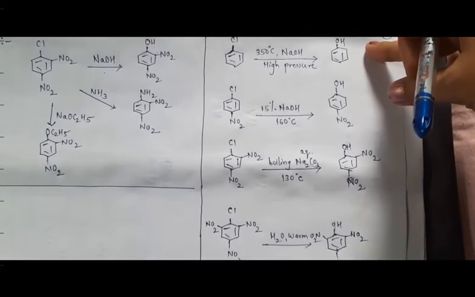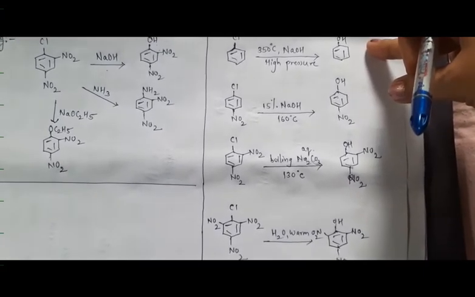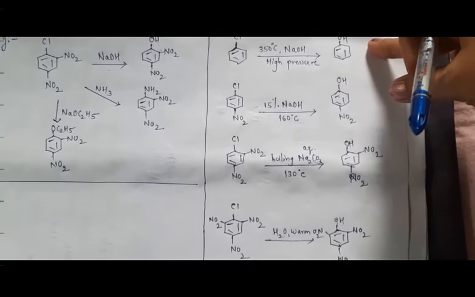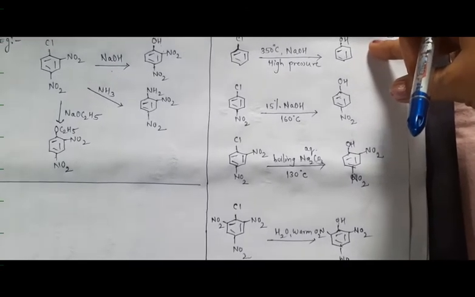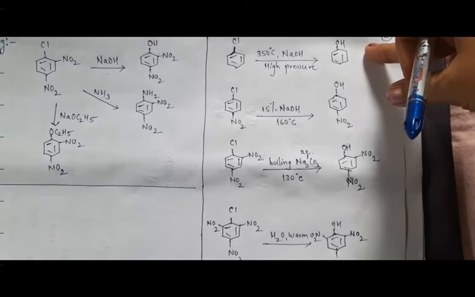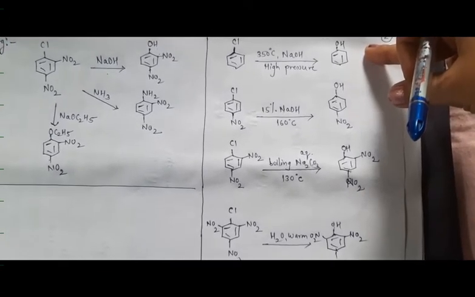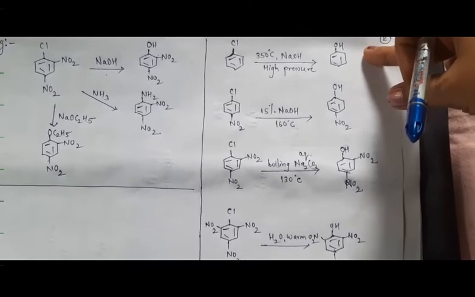And second point is why we are considering constantly only ortho and para position, why we are not considering the meta position at all. So now we'll go into the details of the mechanism and we'll try to address these two particular questions.